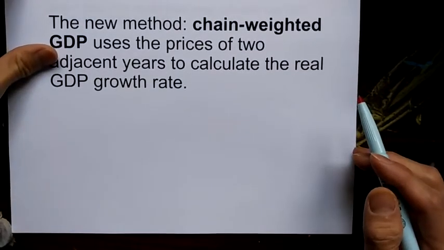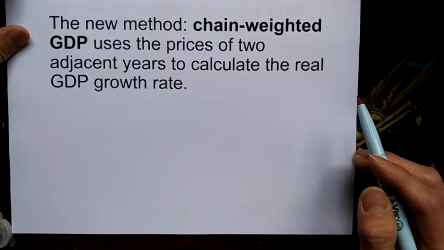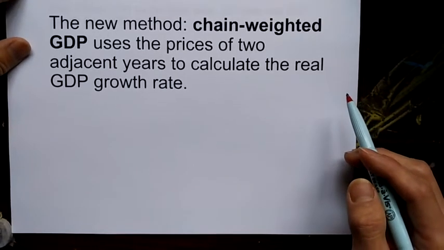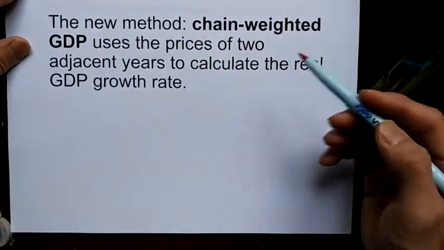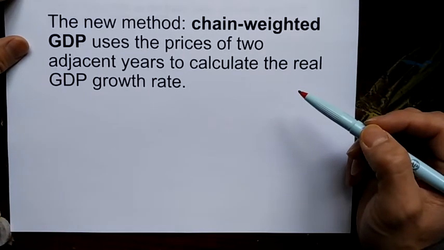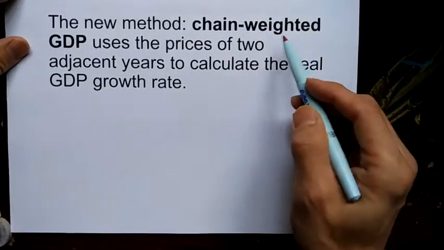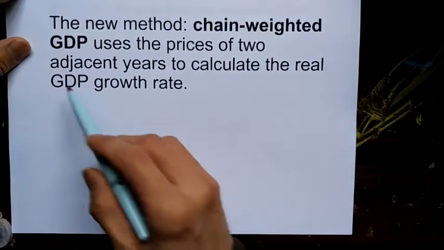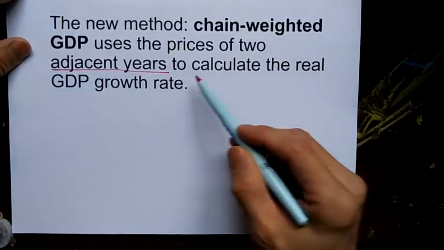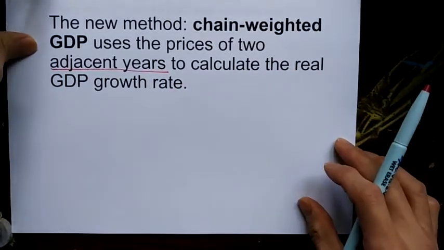This is the new method of calculating real GDP, which is called chain-weighted GDP. That is, the chain-weighted GDP uses the prices of two adjacent years to calculate the real GDP growth rate.